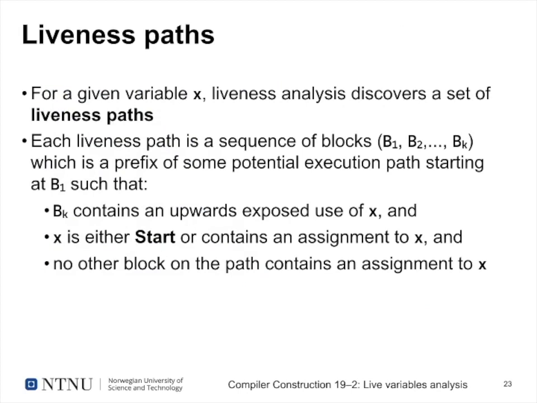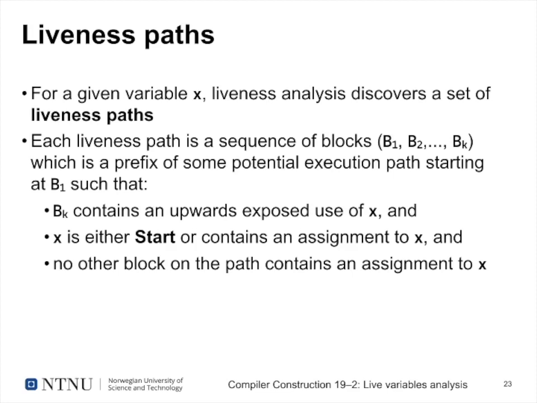For a given variable x, now we can see how the liveness of this variable propagates throughout our control flow graph. So this propagation of liveness analysis discovers a set of so-called liveness paths. And each of these liveness paths is a sequence of basic blocks, so B1 to Bk.